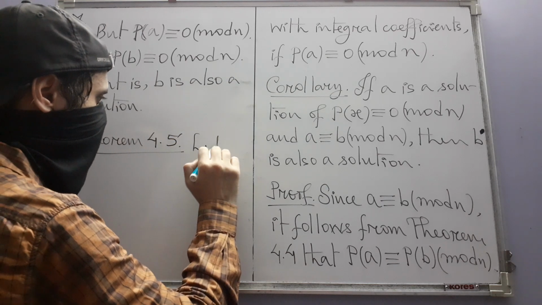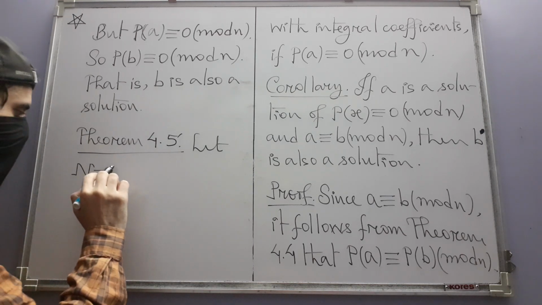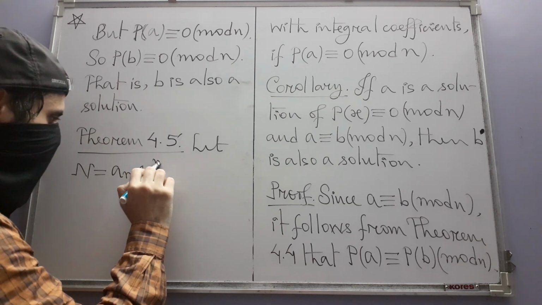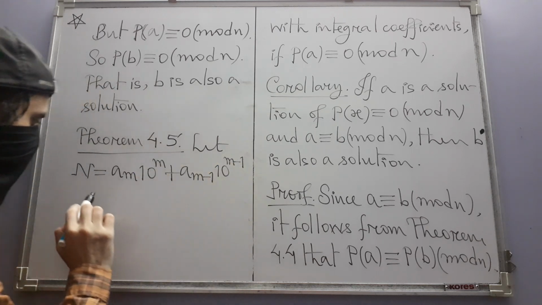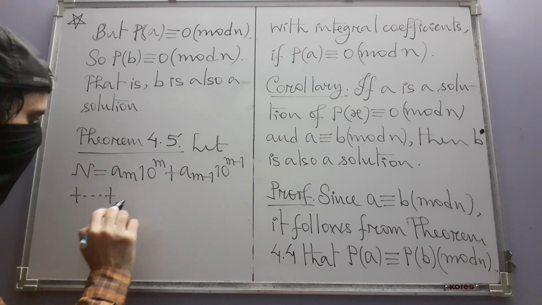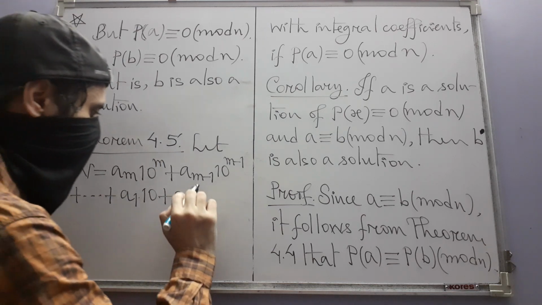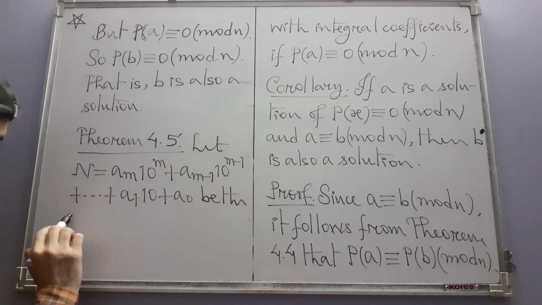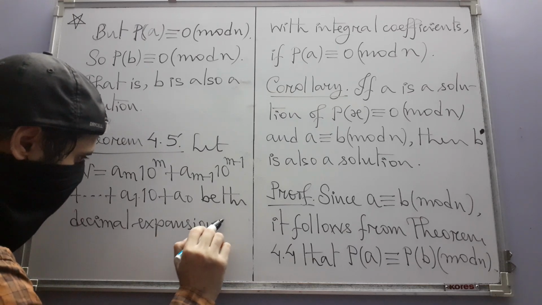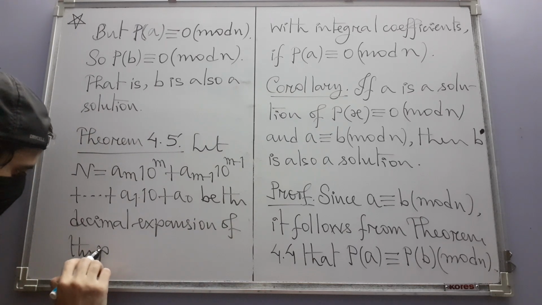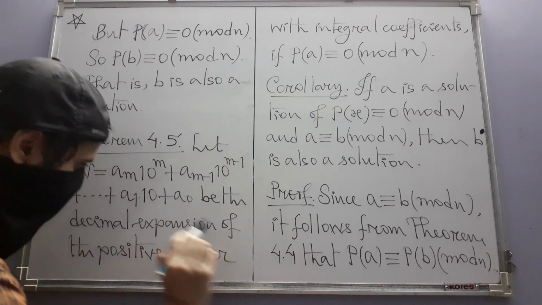Let n be a positive integer and this is the decimal expansion of n: a_{m-1} 10 to the power m minus 1, and it goes like that in this pattern, and eventually we have a_1 times 10 plus a_0.